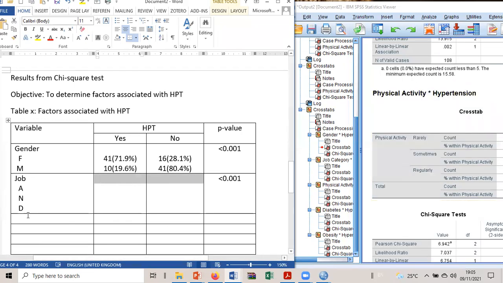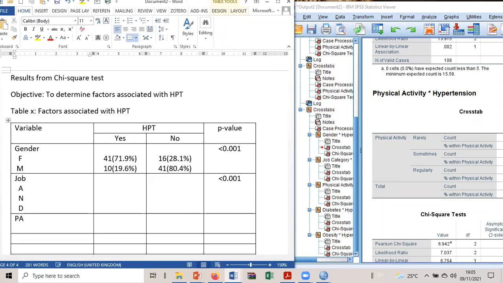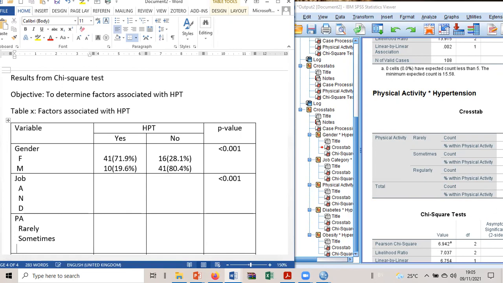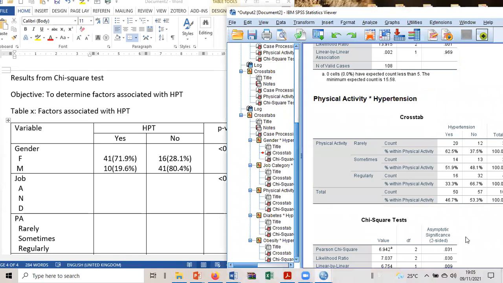Physical activity: rarely, sometimes, regularly, the p-value 0.031.